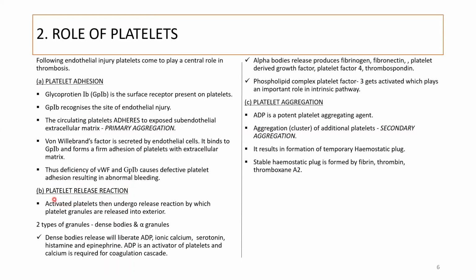Next, the second step is the platelet release reaction. These adhered platelets will be activated, and activated platelets release platelet granules. There are two types of platelet granules: the dense bodies and alpha granules.